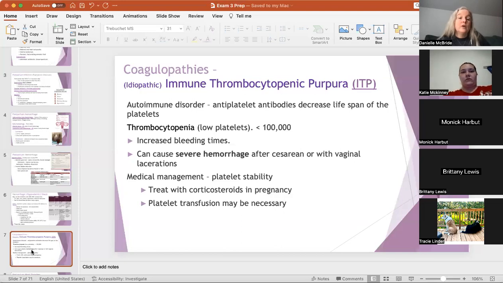Corticosteroids are going to help expand the life of the platelets, so that hopefully we decrease that bleeding risk. But guys, if my patient, like we had one that was just a scheduled C-section, and on her problem list, ITP.